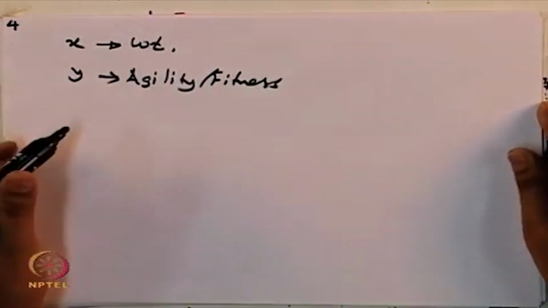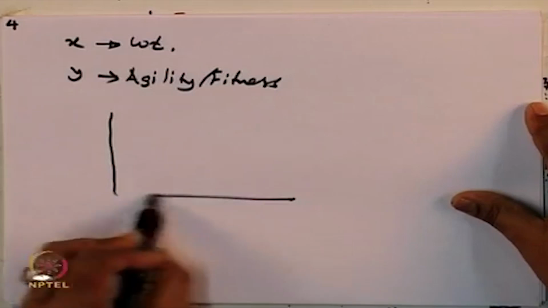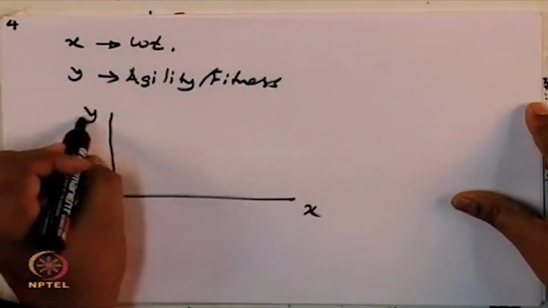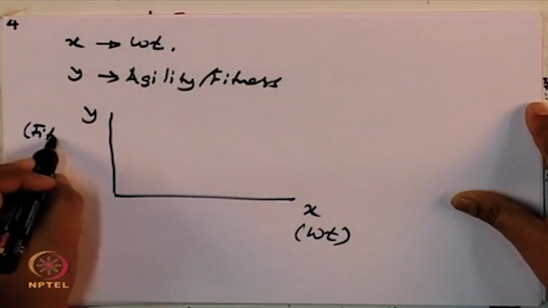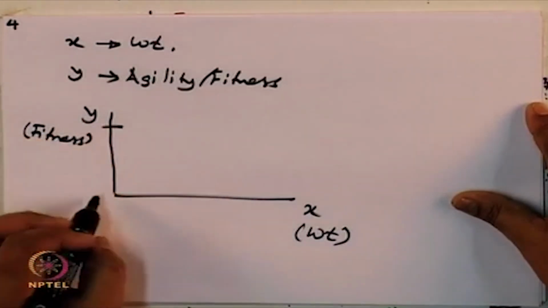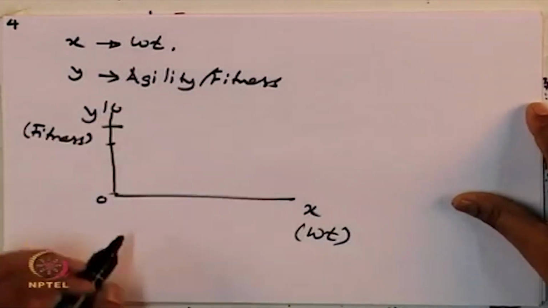Now logic would dictate, you would expect in general that if I were to plot x and y, x is my weight axis and y is my fitness axis. Let us say I normalize it to a value between 0 and 10.